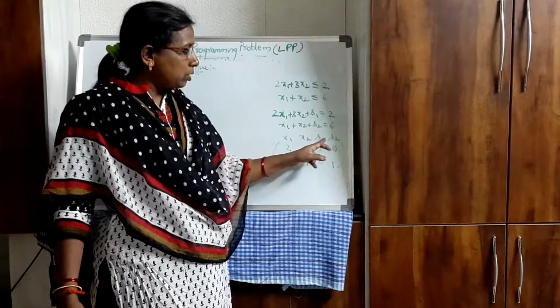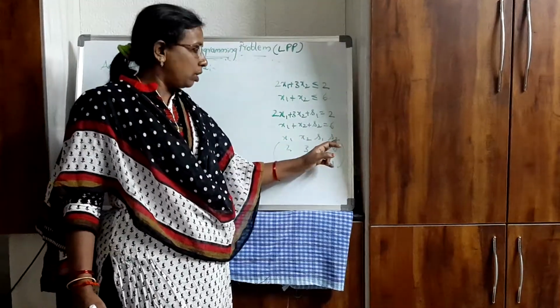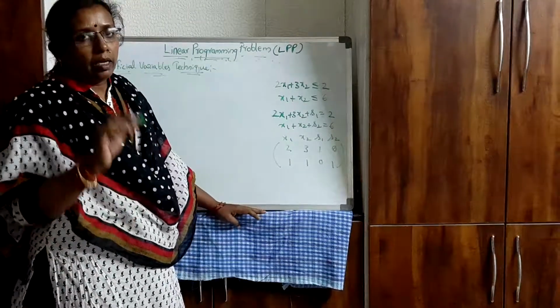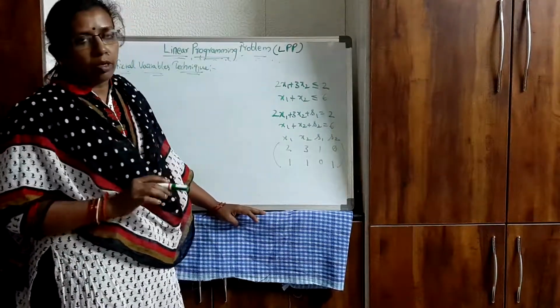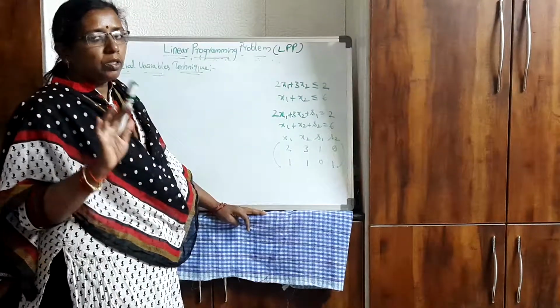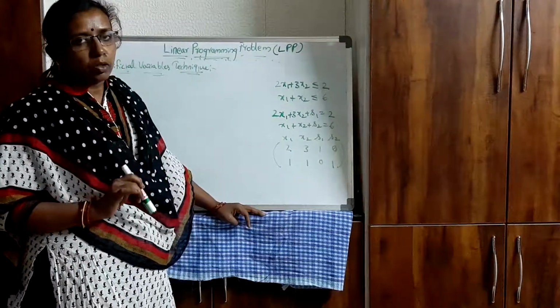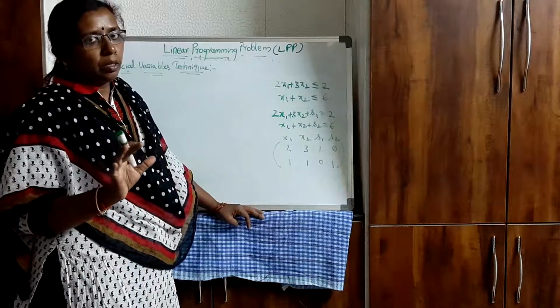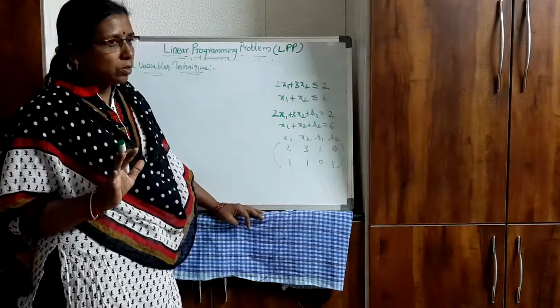These variables are in the XB column, and they are called the basic variables. The first simplex table gives the initial basic feasible solution.